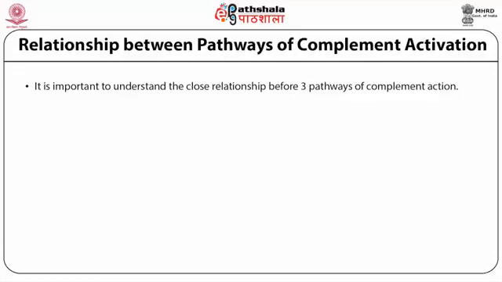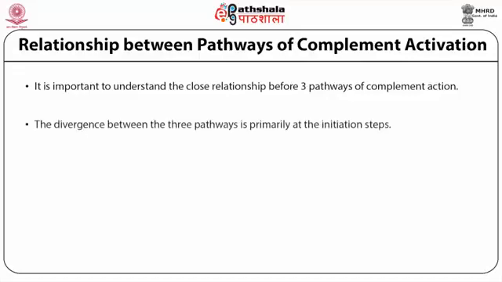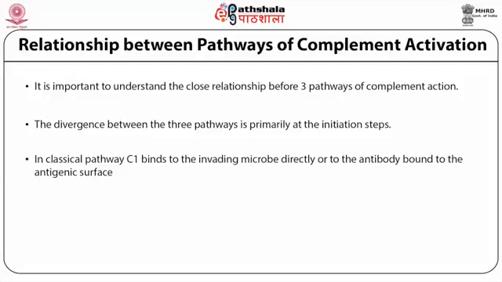This is shown in table form in this slide. It is obvious that the divergence between the three pathways is primarily at the initiation steps. To recapitulate, in the classical pathway, C1 binds to the invading microbe directly, and this actually is a part of purely innate immunity.